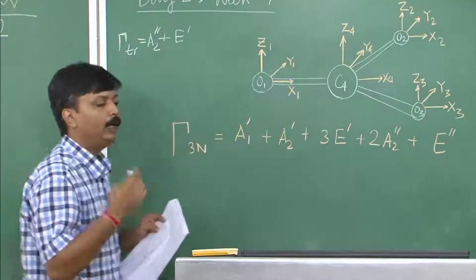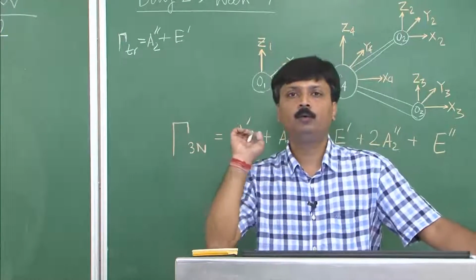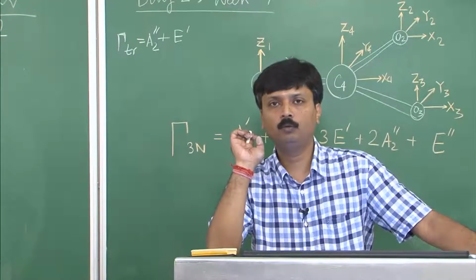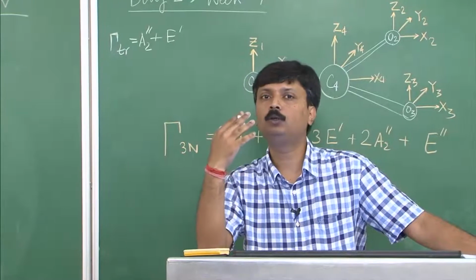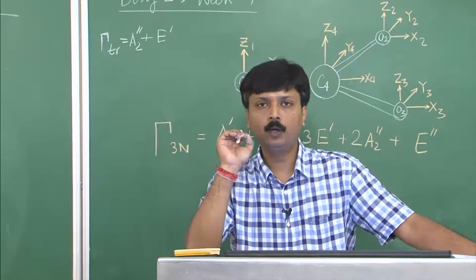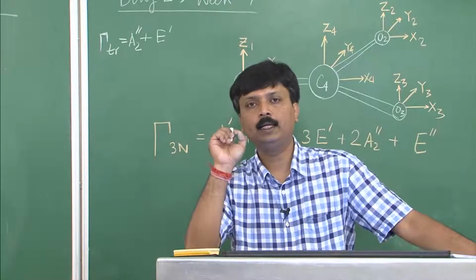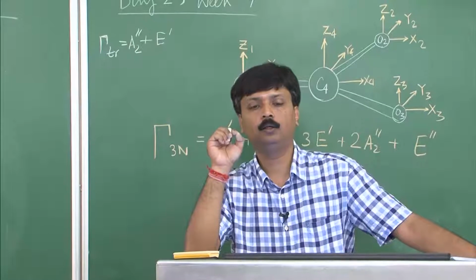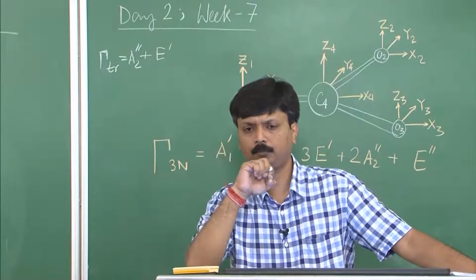So I will again tell this part. In order to find out which irreducible representation will correspond to translational motion, all you have to do is look at the character table, particularly area 3, because area 3 gives you the linear basis functions x, y and z.